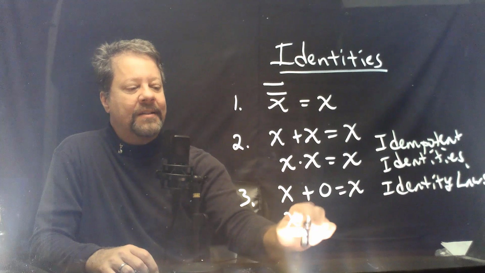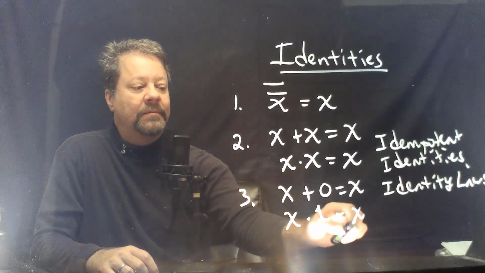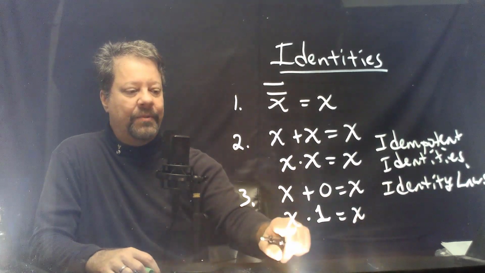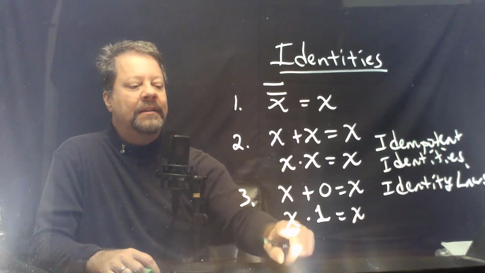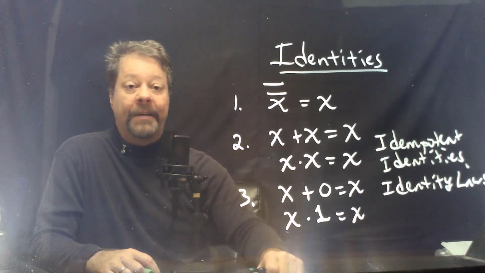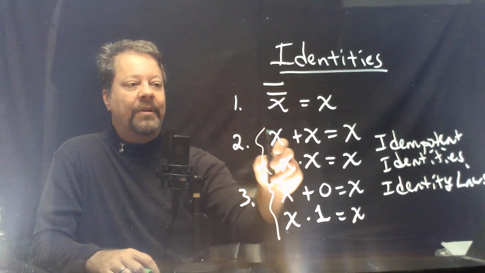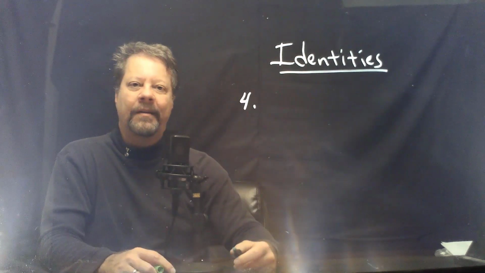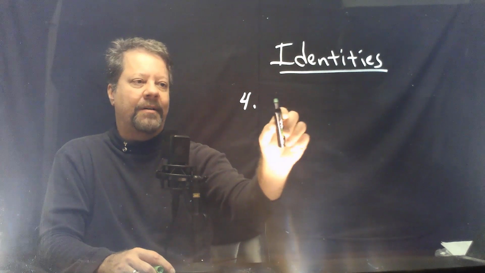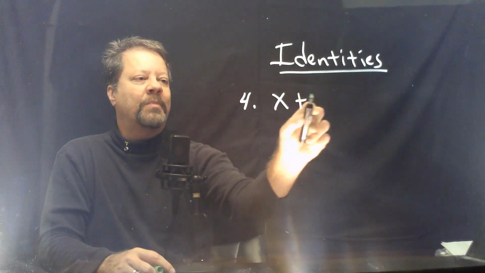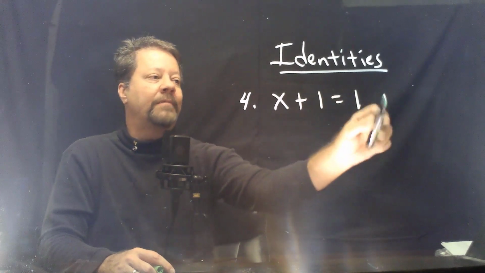What about x times 1? This is an and statement, so true and true will be true. False and true will be false. So these are the identity laws, idempotent laws, double negation. We have the domination laws. X plus 1 is 1.